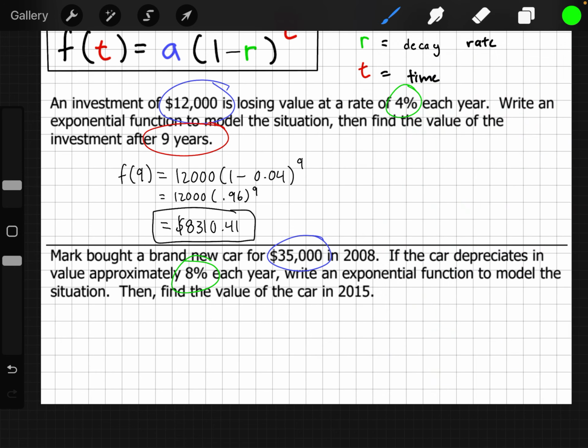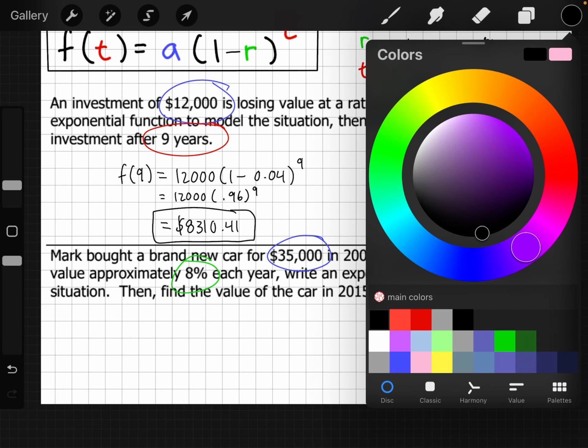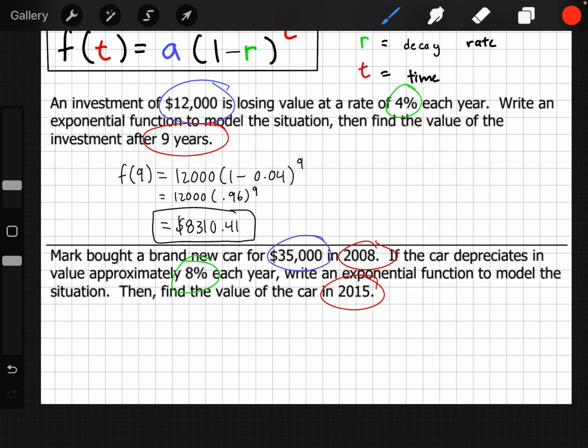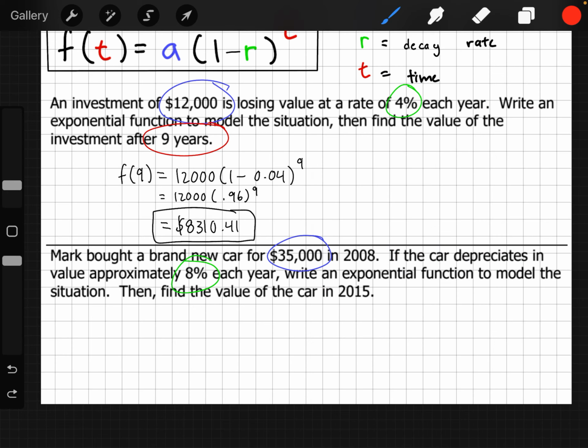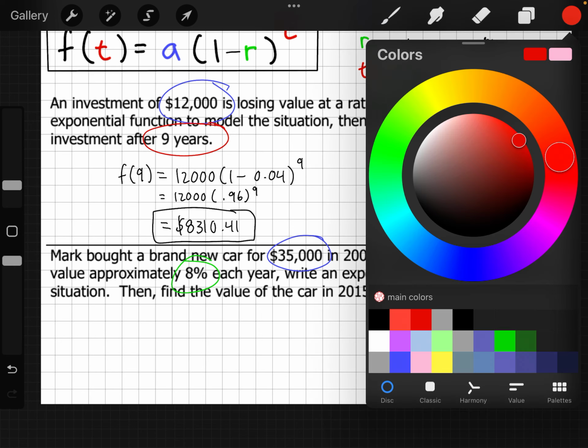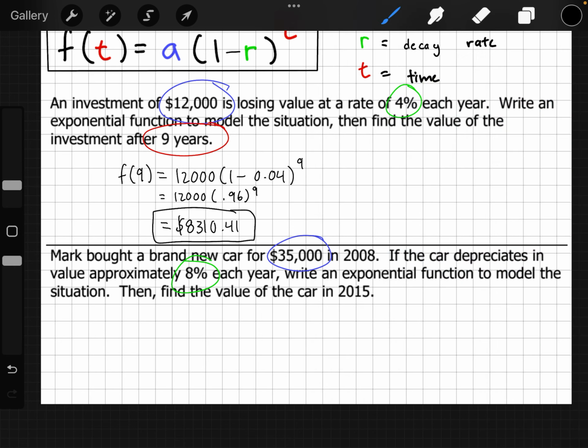So for the second example, Mark bought a brand new car for $35,000 in 2008. If the car depreciates in value approximately 8% per year, write an exponential function to model the situation. Then find the value of the car in 2015. So in 2015, seven years have elapsed.